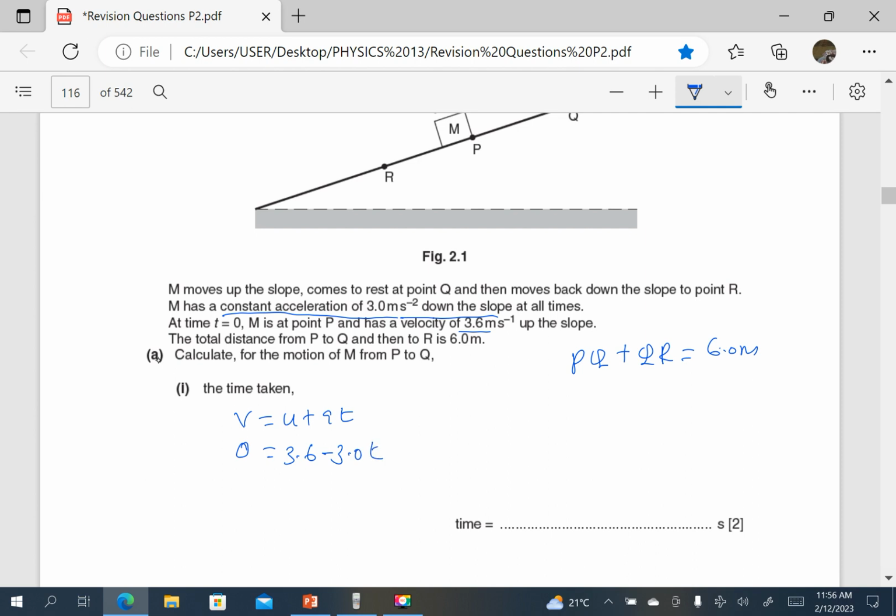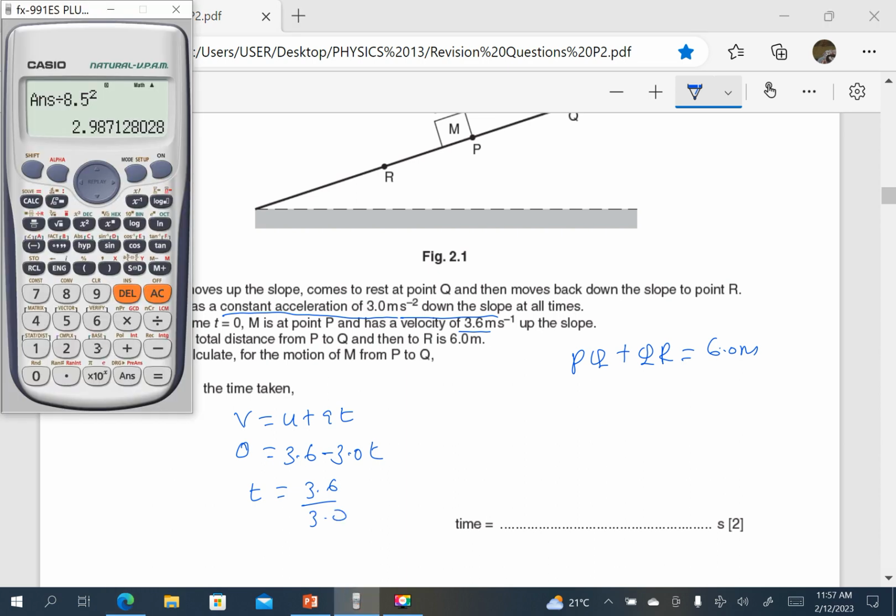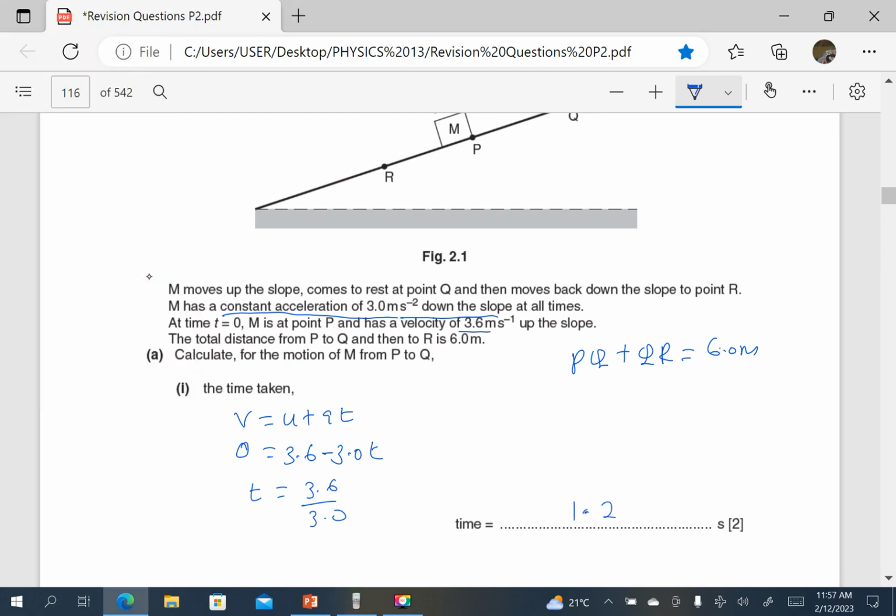The 3.0 is always down the slope, and yet it is moving up the slope. So it means t is equal to 3.6 divided by 3.0. So that is 1.2. That time is 1.2.